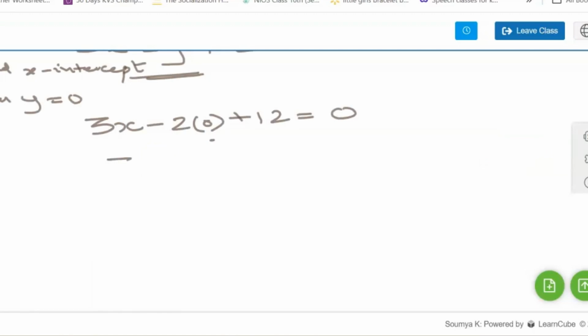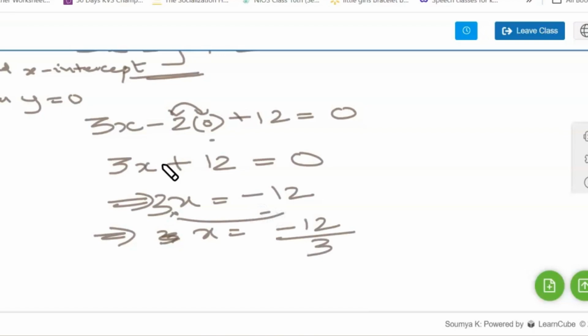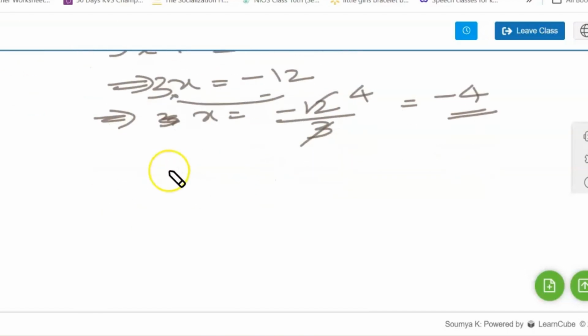So 3x is multiplied with 0 and you will have 3x plus 12 equal to 0, and then solve it. When 12 goes to the other side, it becomes minus 12, so x is equal to minus 12 divided by 3, which is minus 4. So x value will be minus 4 in this case.